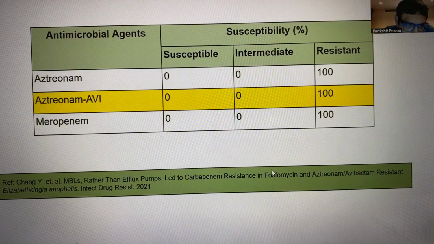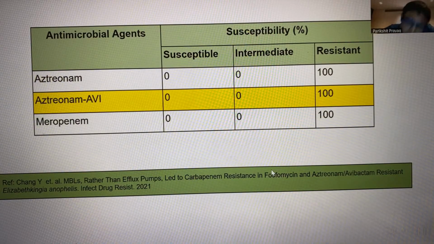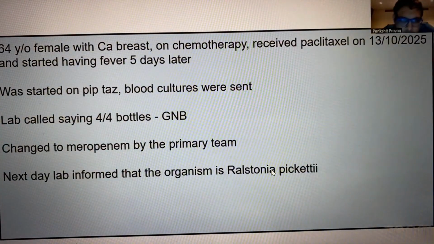And then the potency of aztreonam against the organism itself is also something to think about. See, at the end of the day, aztreonam needs to be potent against the organism for it to work. So the bottom line is that aztreonam-avibactam doesn't seem to be a choice for any of our Elizabethkingia isolates, despite the fact that you have class A plus class B mediated resistance. So ideally, theoretically, it could have been a good situation.